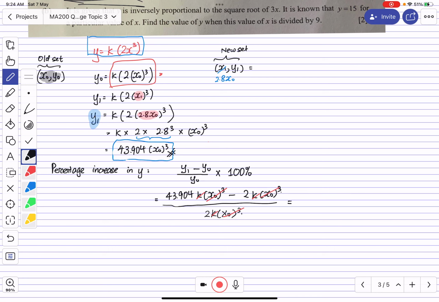So I end up with 43.904 subtract away 2 over 2. Remember to multiply by 100%, and your final answer for A will turn out to be 2095.2%. This is the answer for A.